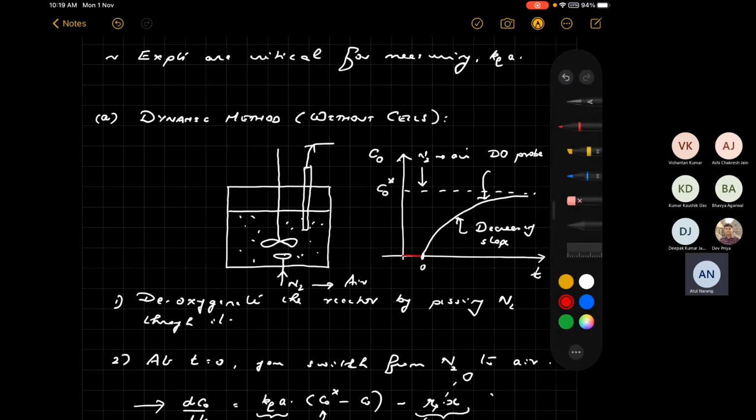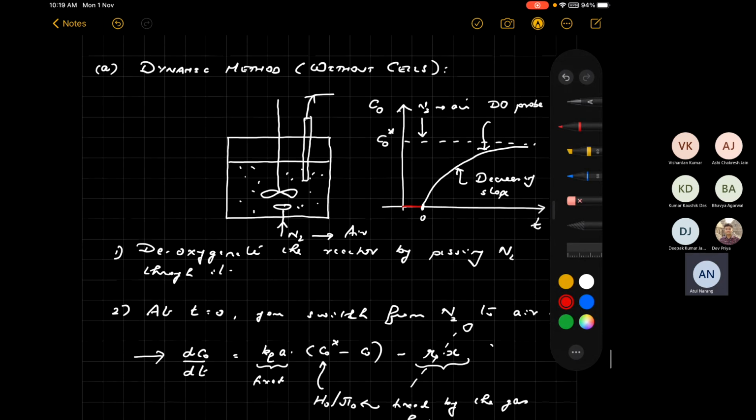Similarly, over here also, we are making a pretty drastic assumption. As soon as we switch from nitrogen to air, this model assumes that instantly all you have are air bubbles all over the reactor, and therefore you can apply this equation. But the truth is that when you switch from nitrogen to air, it will take some time for all those nitrogen bubbles to go away and be replaced by air bubbles that are actually causing the oxygen transfer.